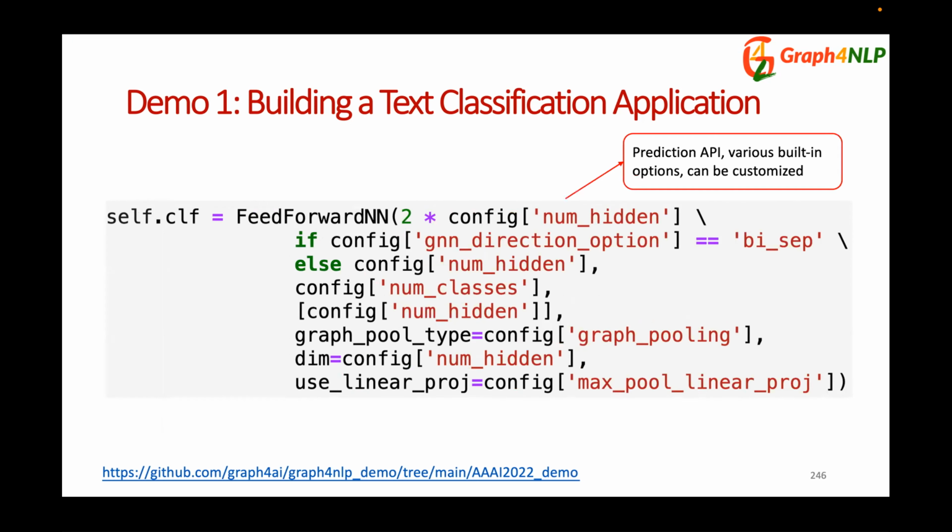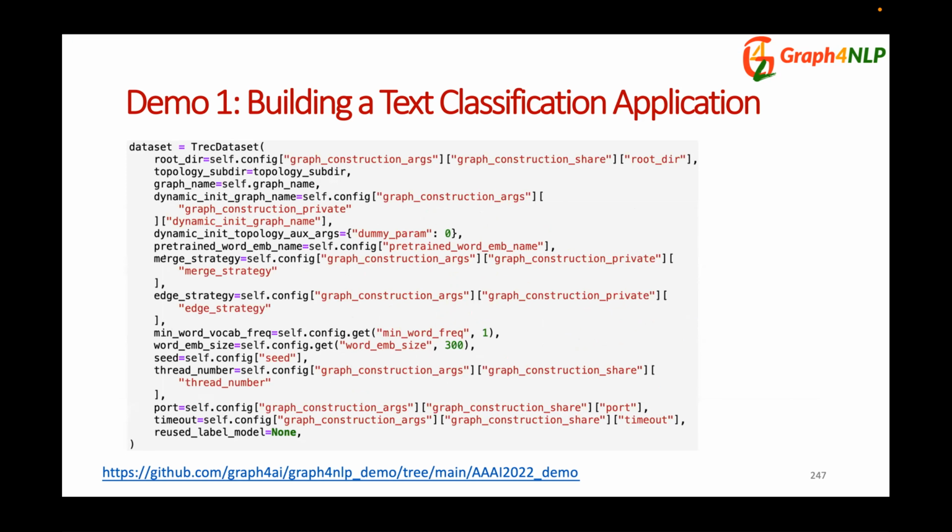And this is the dataset API. Some important parameters include the graph name, because if we want to use static graph construction, which is conducted during the preprocessing stage, we need to specify it when we create this dataset API, like whether it's a dependency graph or an IE graph and so on.